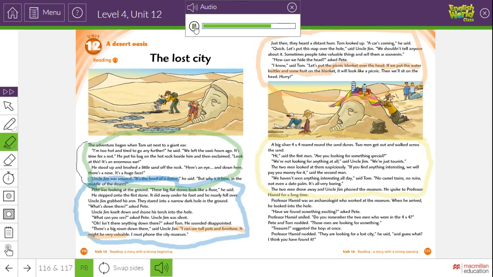"If you find anything interesting, we will pay you money for it," said the second man. "We haven't seen anything interesting all day," said Tom. "No camel trains, no ruins, not even a date palm. It's all very boring." The two men drove away and Uncle Jim phoned the museum. He spoke to Professor Hamid for a long time.